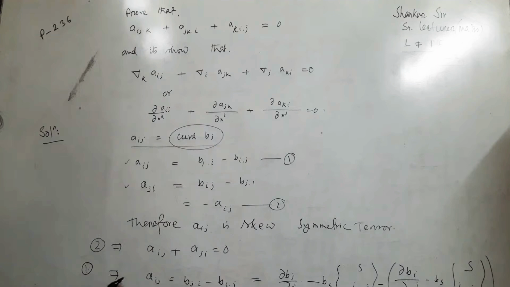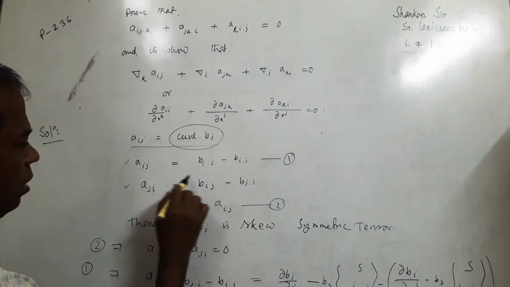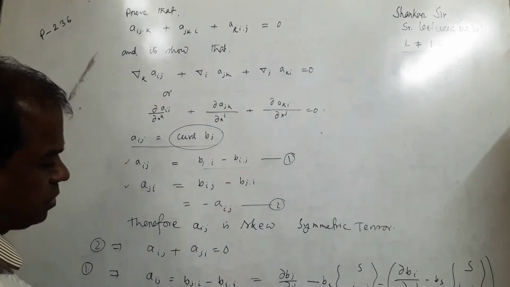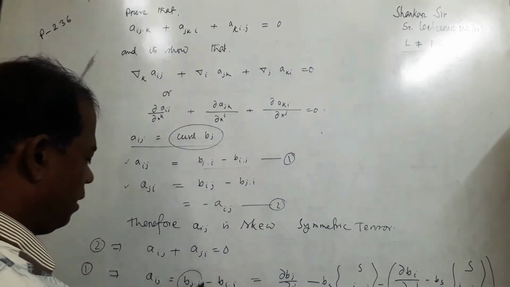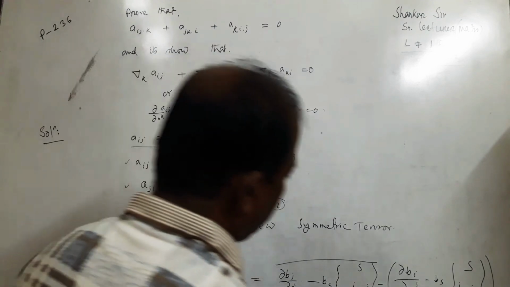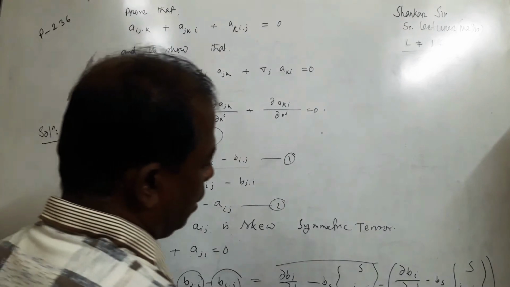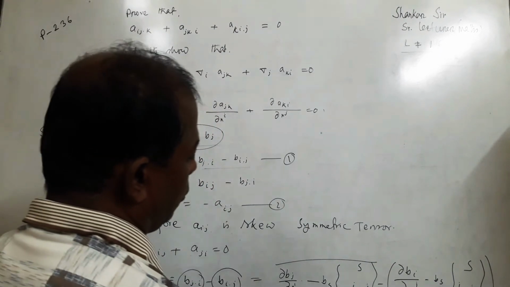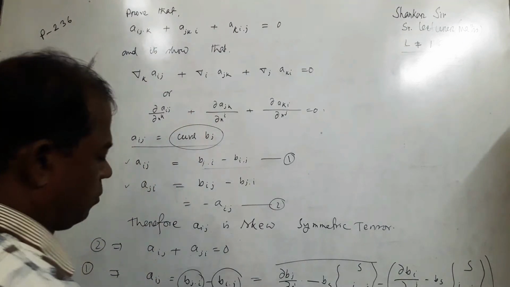So then this implies aij equals the first rule, and bj and bij are equal to zero. Then obviously that is equal to zero.